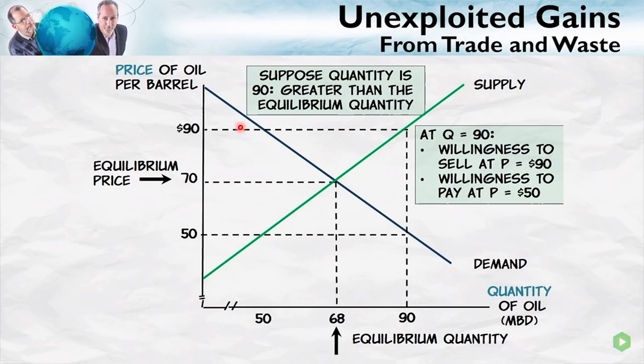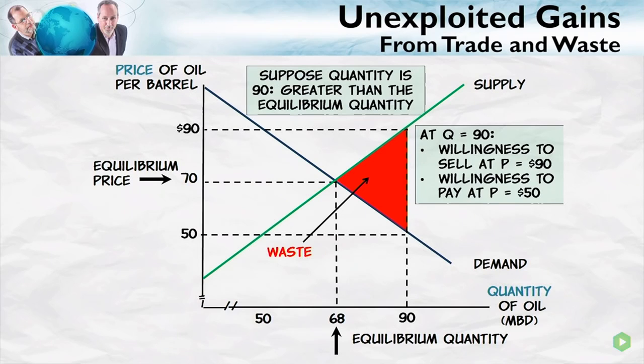They require at least $90 to stay in business and sell that barrel of oil. On the other hand, buyers are willing to pay for that barrel of oil only $50. So there's a lot of waste going on here. Suppliers are spending more to produce the barrel than the barrel is worth to buyers. Indeed, at any quantity above the equilibrium quantity, there's waste.